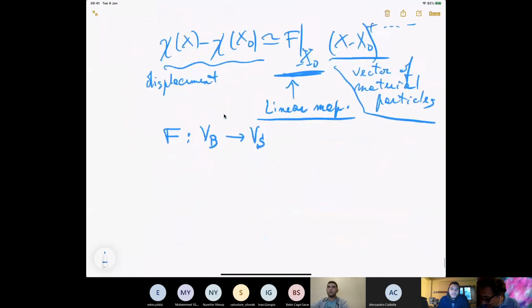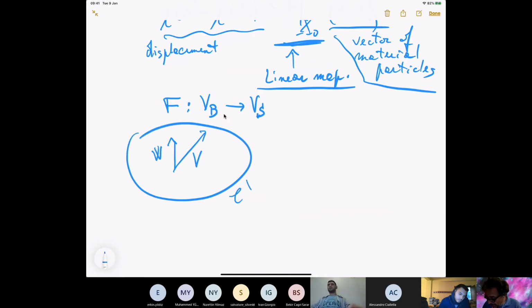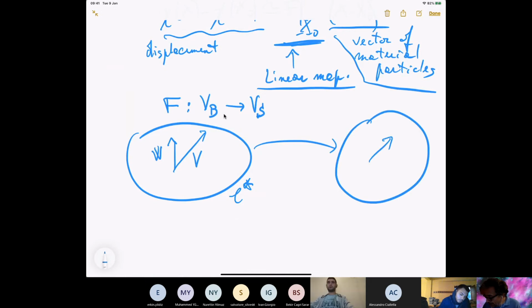Then we introduced the inner product of the vector V and the vector W in the reference configuration. We considered FW, FV in the actual configuration.